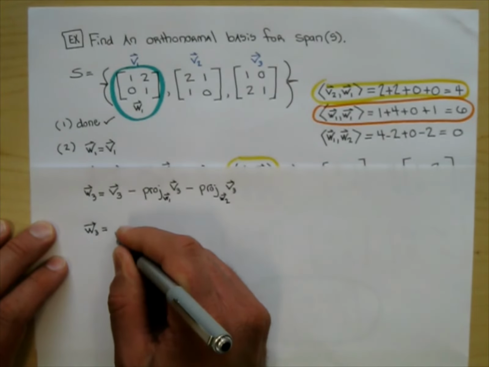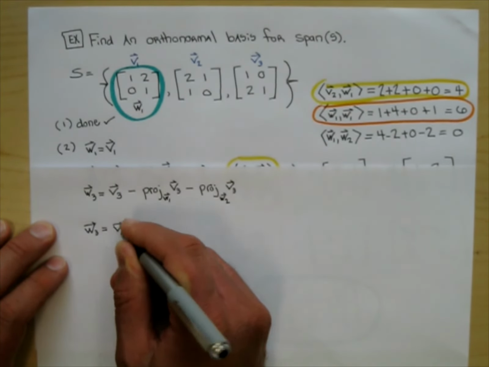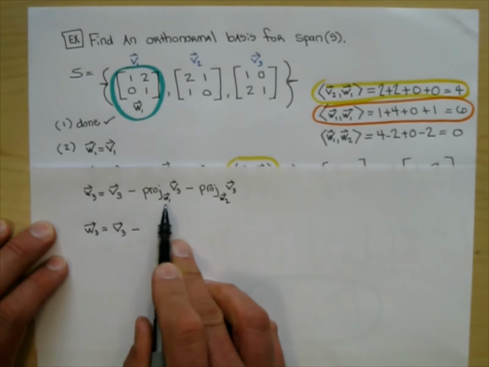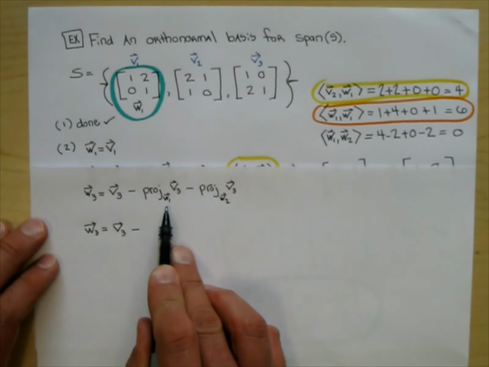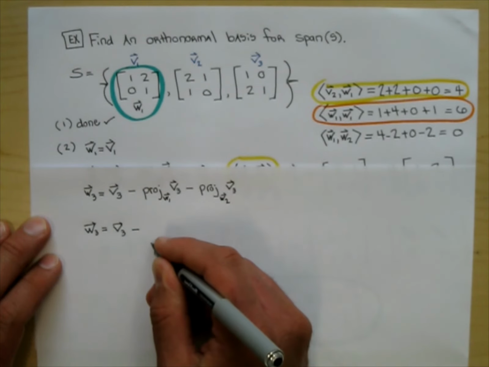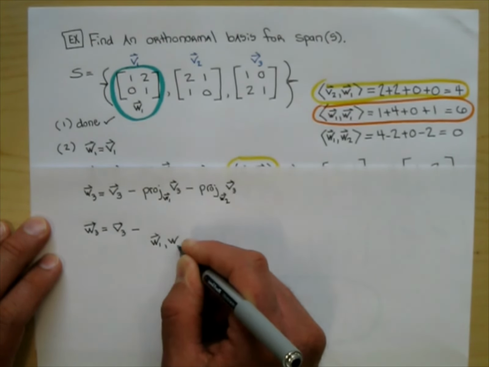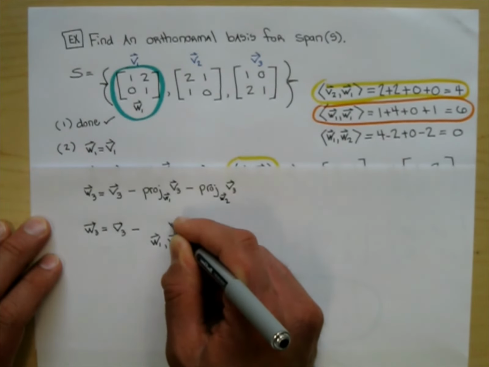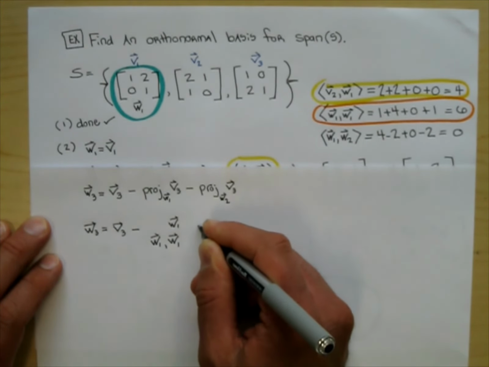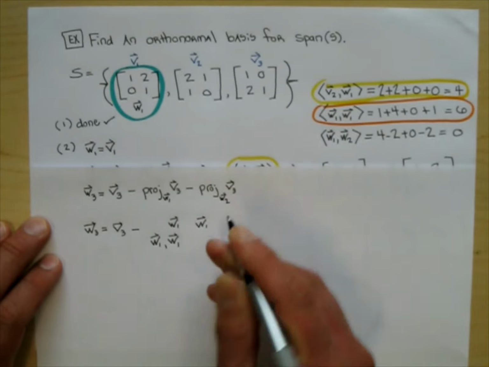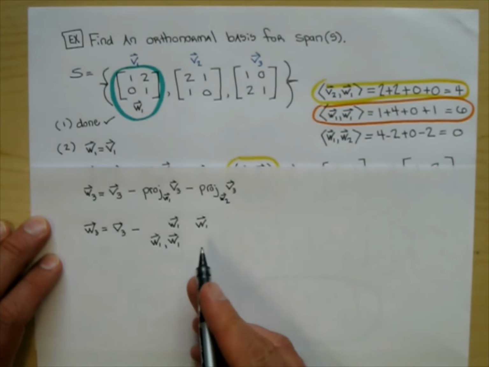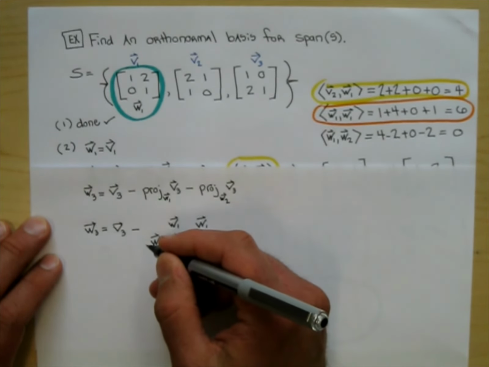Writing out the projections, I have V3 minus, okay, so the projection, you have 4 occurrences of the W1, so I'm going to write the W1 gun. W1, W1, W1, and then W1. So it has that gun formation, and then we put the V3 right here.